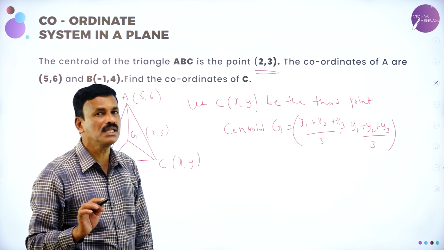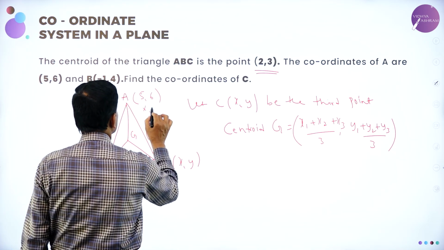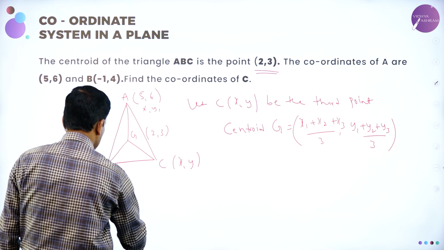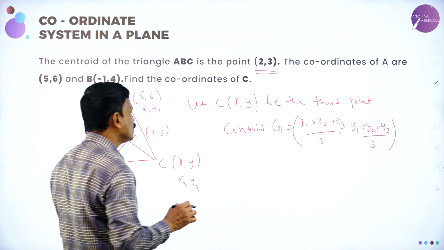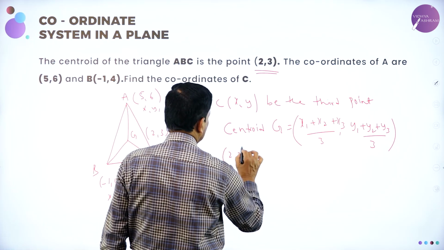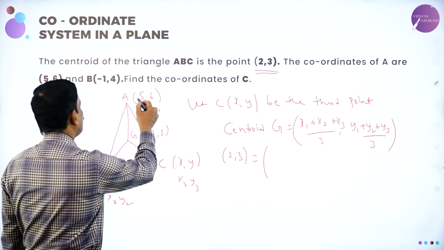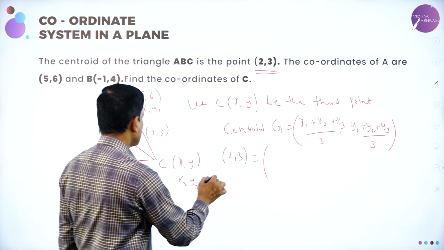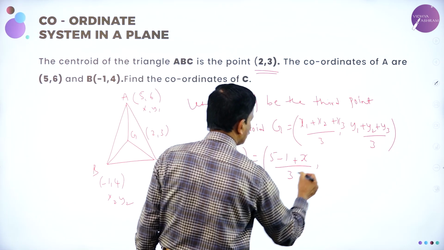Let the third point be x comma y and the remaining 2 points are x1 y1, x2 y2 and this is x3 y3 and the centroid is also given. So the centroid 2 comma 3 is equal to x1 plus x2 plus x3 by 3, 5 minus 1 plus x divided by 3.